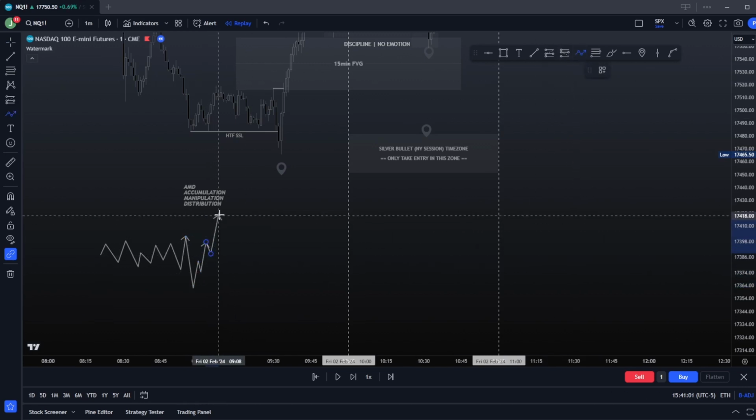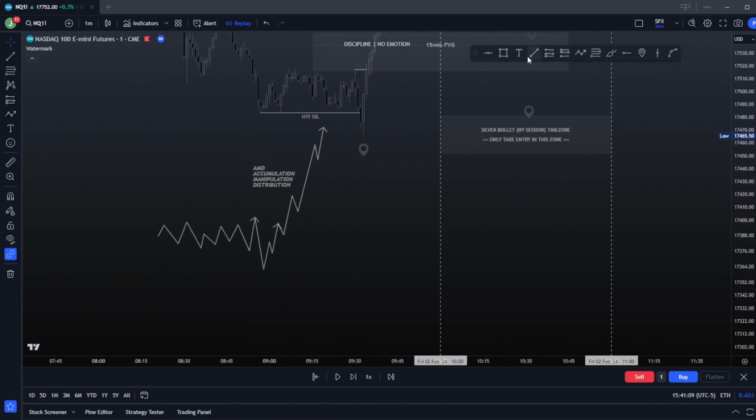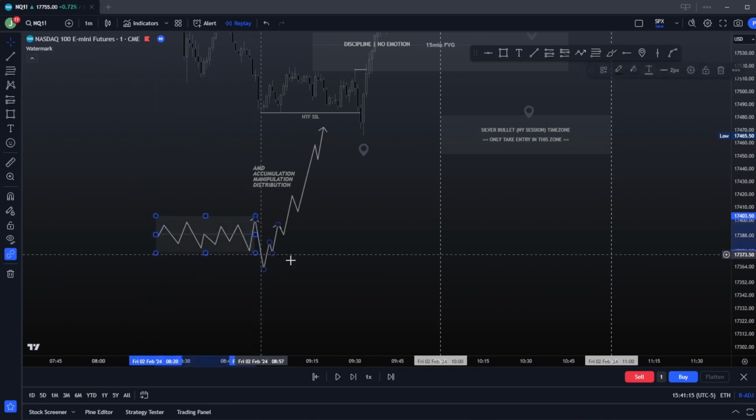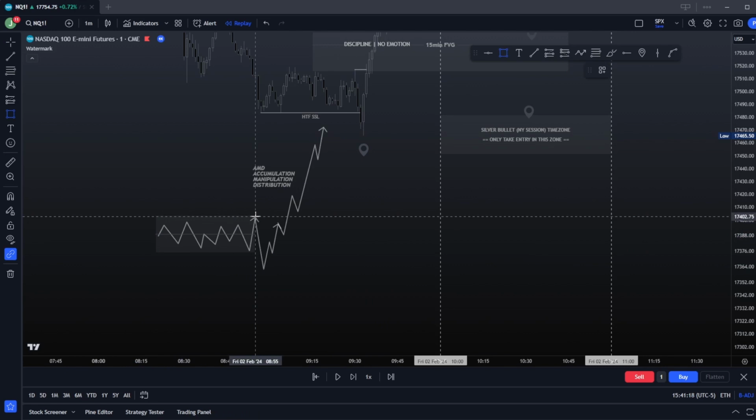We have distribution. Distribution, baby. So, the power of 3, which is what this is also called. 3 stages. Boom, bam, pop.